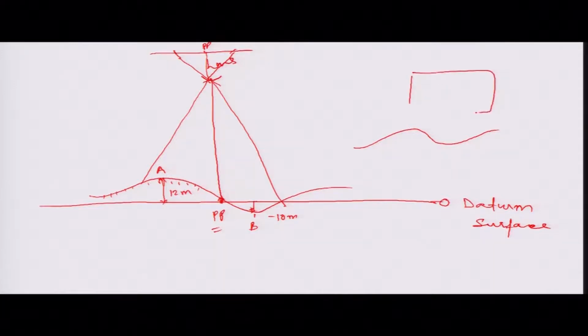From the center of the photograph, the points which are located at a higher elevation appear like they are leaning outward from the principal point, but the depressions appear like they are leaning towards the principal point.